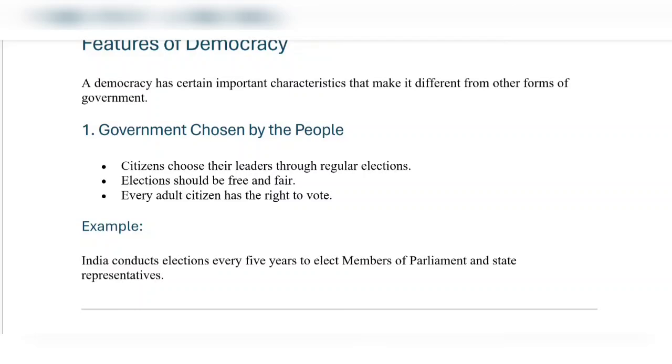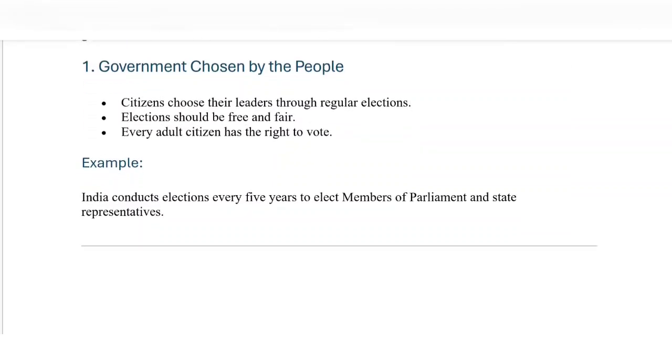And every adult citizen has the right to vote. In a democratic system, people will have the voting right. In the beginning, it also was the same, that people had voting rights, but it was different from today.